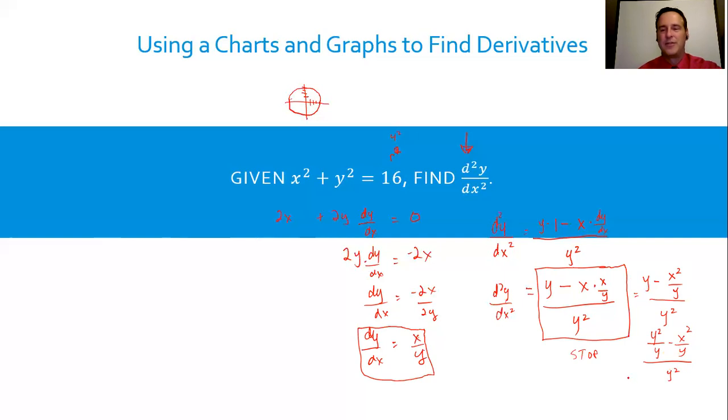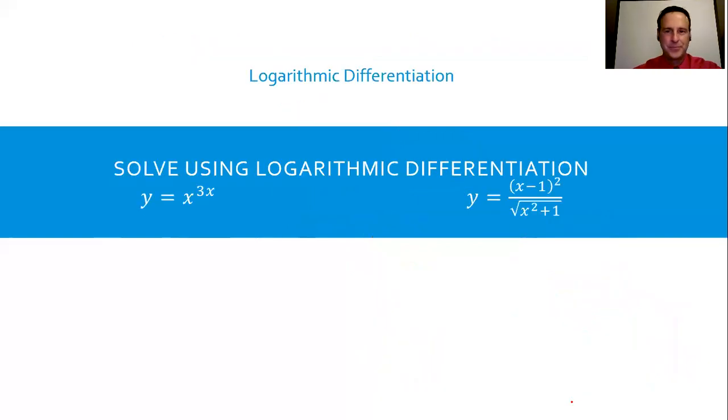And so what'll happen is you'll get y squared minus x squared all over, now there's a y in one denominator, and then you have 2 more below it, and that'll give you y cubed. So the back of the book may give you an answer like this if you were to check it. But again, on an AP test, you stop there. Don't even think about doing more because you don't get any extra points for doing this extra stuff.